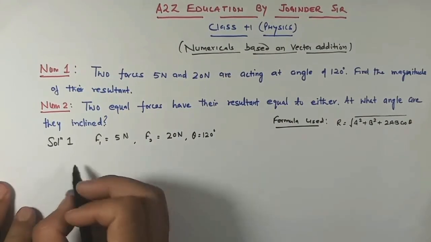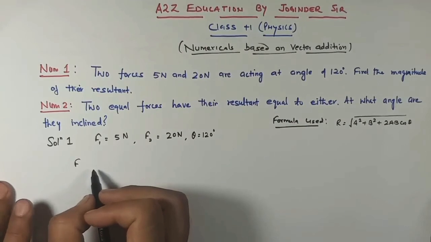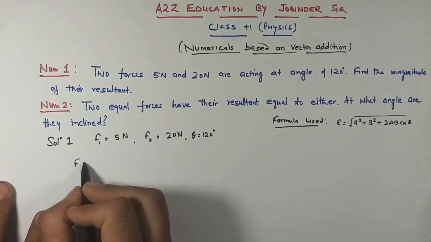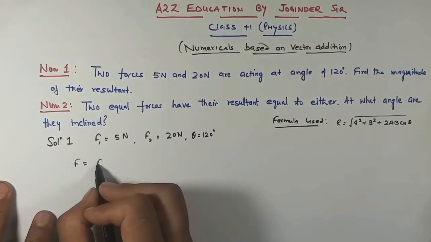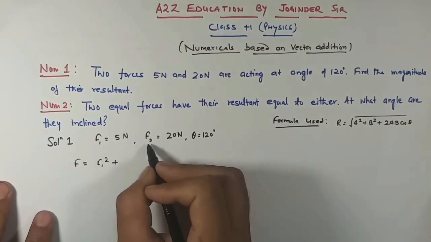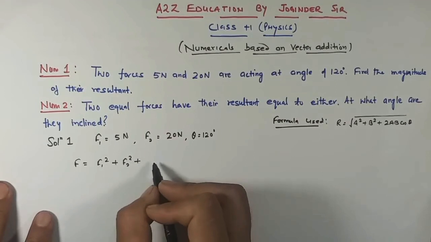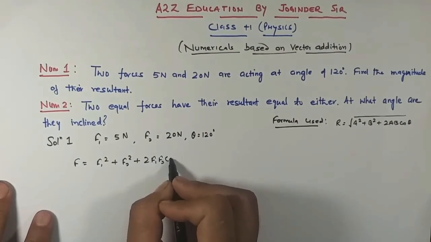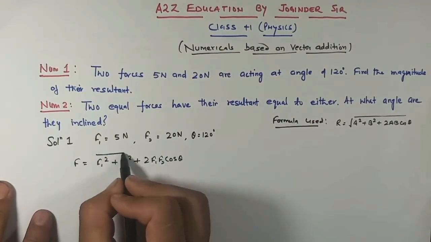Let's assume that F is the resultant of these two forces. Then we will apply the formula. F is equal to the square root of A square, meaning F1 square, plus B square, here F2 square, plus 2AB, meaning 2 F1 F2 cos of angle theta.